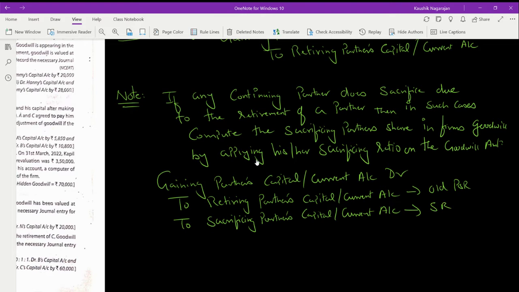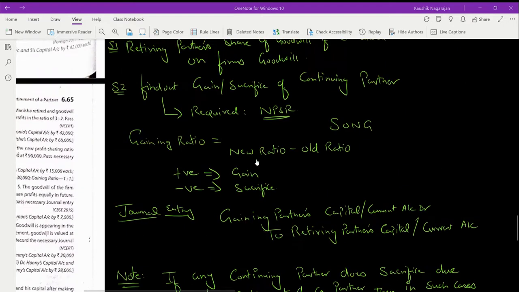Is it clear to you? And for the gaining partner's value, you will use his gaining ratio. So when we work out a problem, you will have clarity on this. Any doubt up to this concept so far? Does anyone have any doubt?